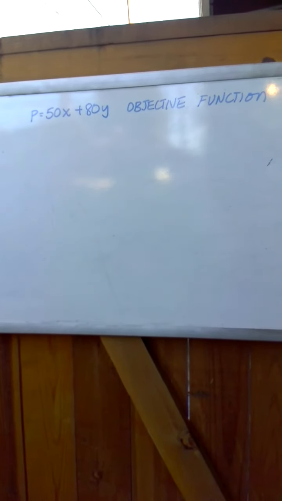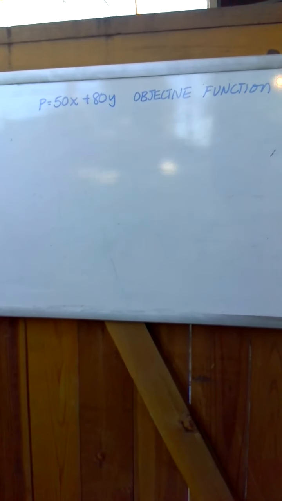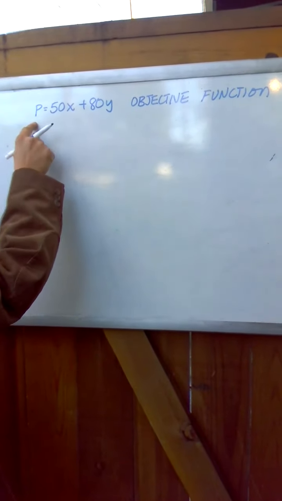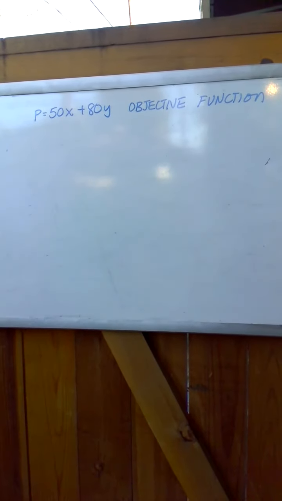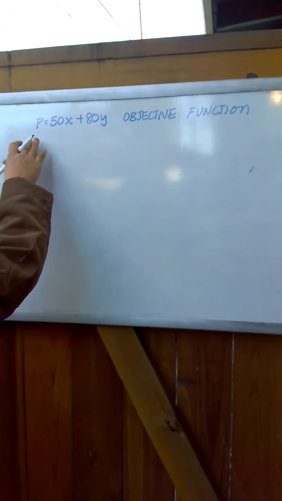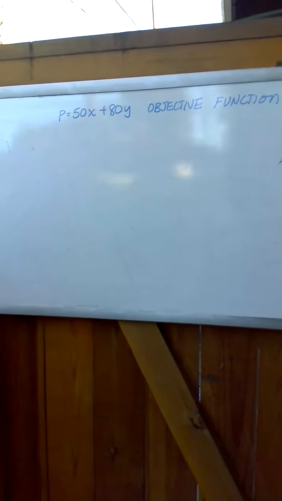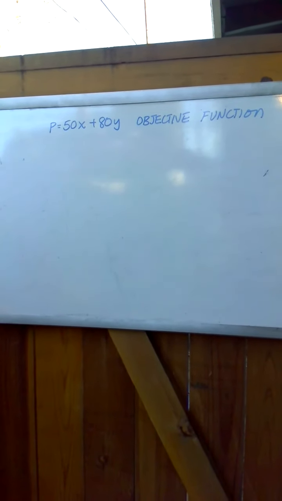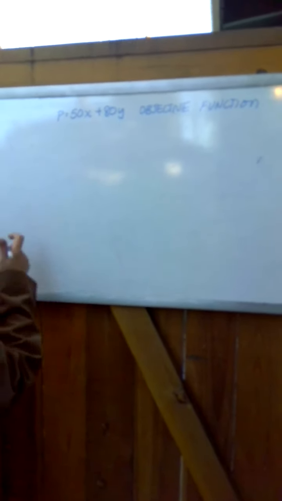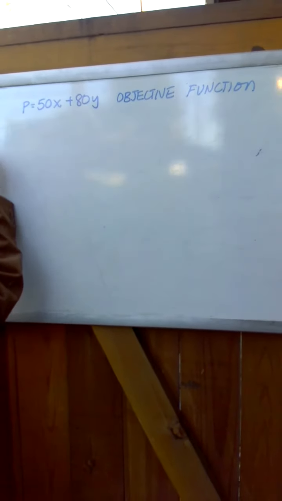We're trying to figure out how to maximize that equation. So here we're trying to figure out how to maximize our profit. Sometimes you might want to minimize something, so then with your objective function, you're trying to figure out how to make it the smallest possible. Right here we're trying to make as much profit as possible.